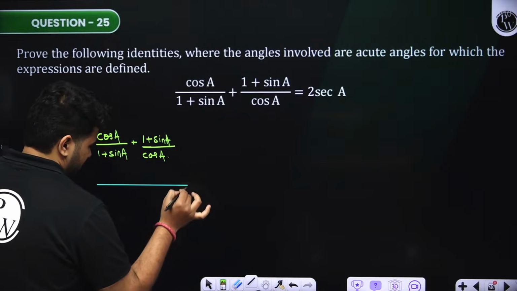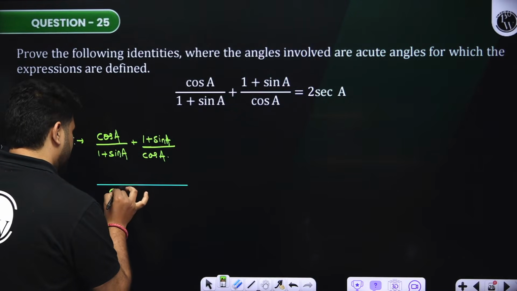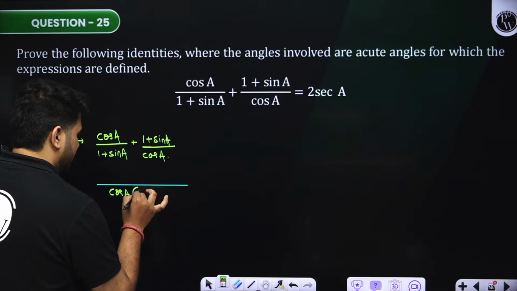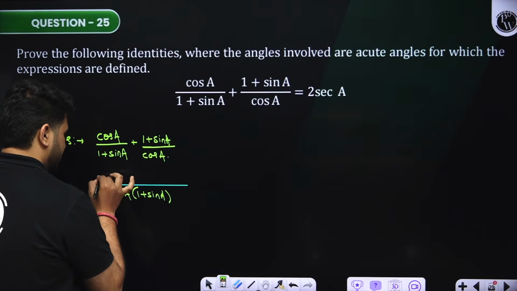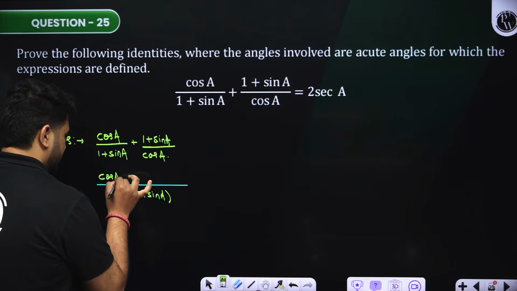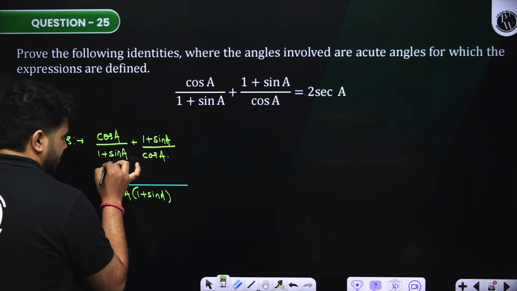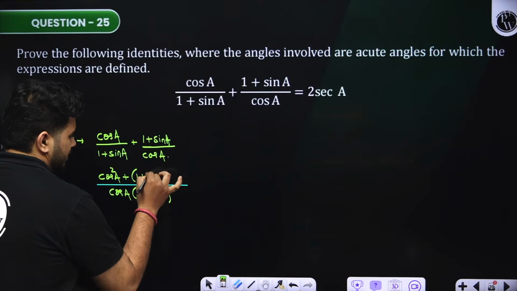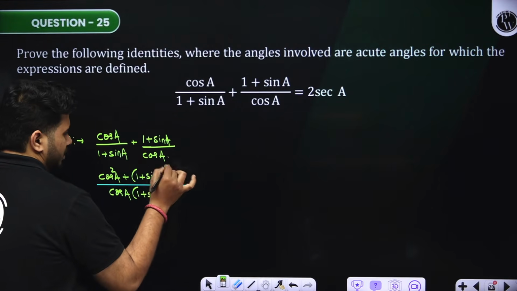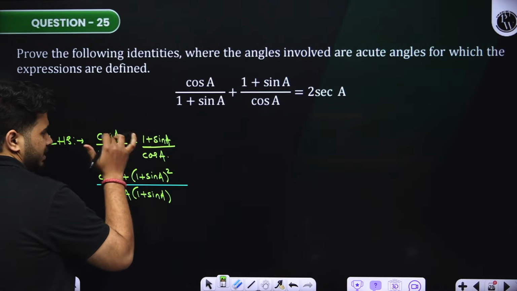So here if you observe, the LCM is cos A multiplied by 1 plus sin A. Here what do we have, students? Over here we have cos A into cos A, cos square A, plus here we have 1 plus sin A whole square. Because here we need to multiply by 1 plus sin A, here by cos A.